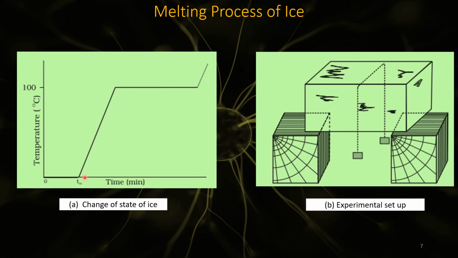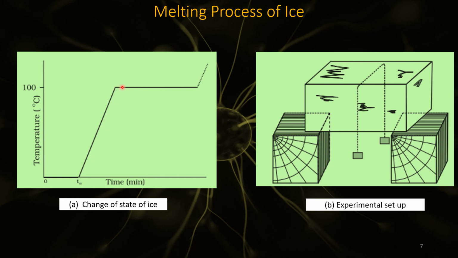The heat supplied is now being utilized to change water from liquid state to vapor or gaseous state. The change of state from liquid to vapor or gas is called vaporization. It is observed that the temperature remains constant until the entire amount of liquid is converted into vapor.